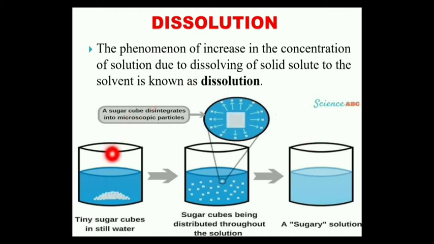The first beaker has only some amount of sugar dissolved in it, but the last beaker has a large amount of sugar cubes dissolved in it. That is, the concentration of the solution has increased. How? By dissolving solid solute, that is, by dissolving sugar into solvent, that is water. So the phenomenon where you are increasing the concentration of the solution by dissolving solid solute into solvent is known as dissolution.